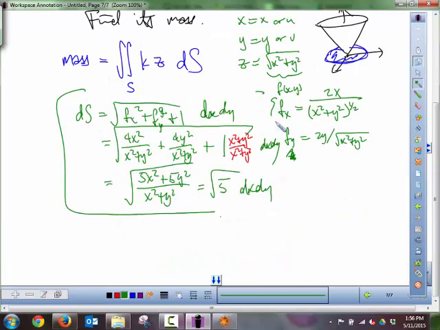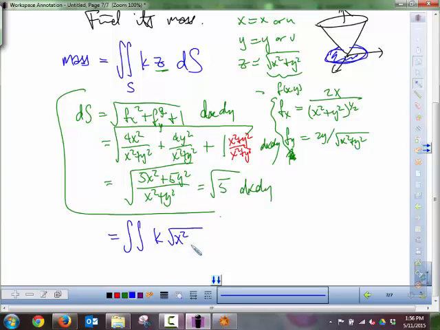Now I just need to replace my z with the square root of x squared plus y squared, whatever the independent variables are. So back to the mass: k times z, which is the square root of x squared plus y squared, times the square root of 5 dx dy.